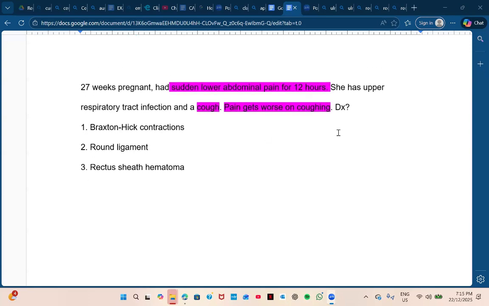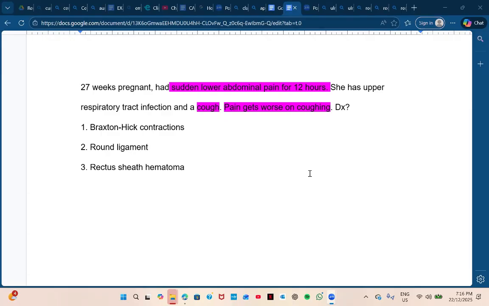In this question, I feel like rectus sheath hematoma we can still go with, but we don't know the other two options and the other parts of the stem. I tried to find many questions, but I couldn't find this one.